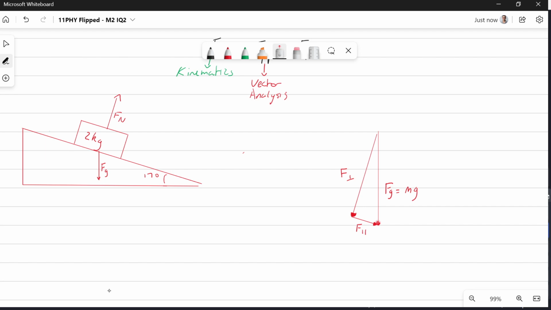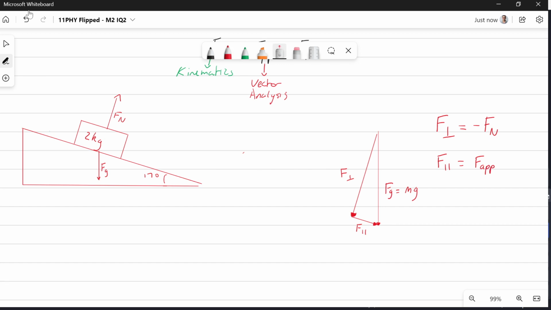So some things just to keep in mind when we draw something up like this in an inclined plane scenario. First off is that F perpendicular is equal and opposite to the normal force, and that just comes from Newton's third law. This perpendicular force is just essentially the block pushing into the plane. But then this F parallel force that we have is equal to our applied force.